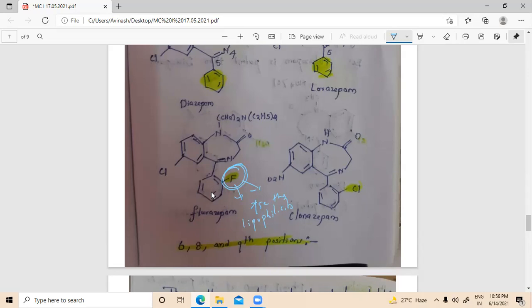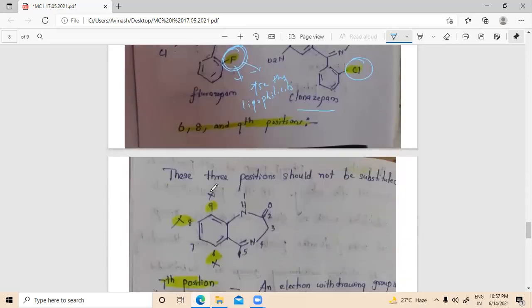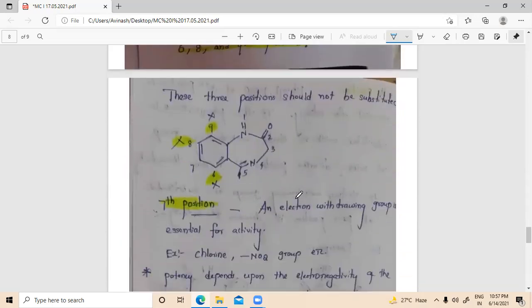Similarly, look at the structure of clonazepam. It has chlorine, which is attached to the phenyl ring. Even chlorine can enhance the lipophilicity. It helps the drug to cross the blood-brain barrier and improves the biological activities. Next, coming to the 6th, 8th, and 9th positions.